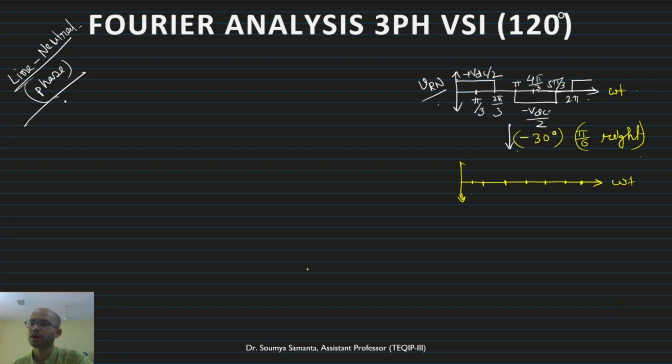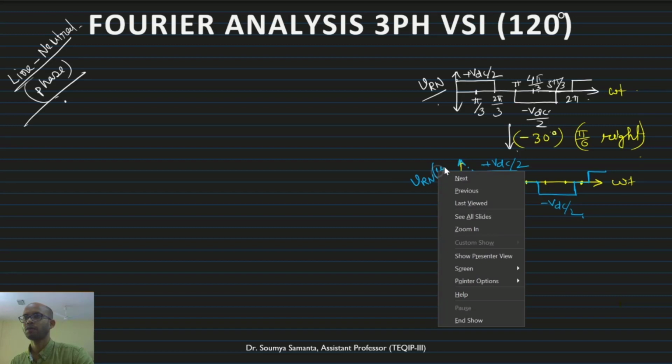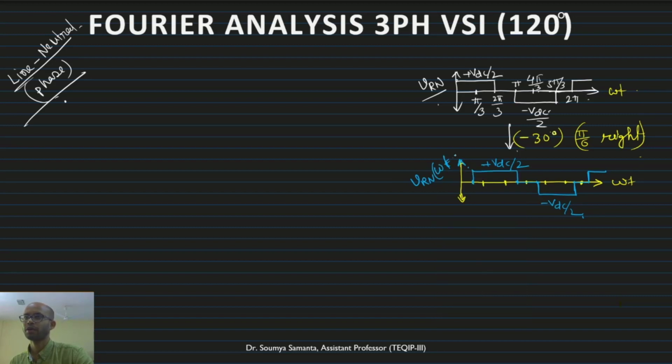In between, we will start here, from this point to this point it will be VDC by 2, then from this point to this point it will come here, and VDC by 2 again. This is plus VDC by 2, minus VDC by 2, and this is the waveform. So obviously this is VRN with omega t minus pi by 6, this waveform.